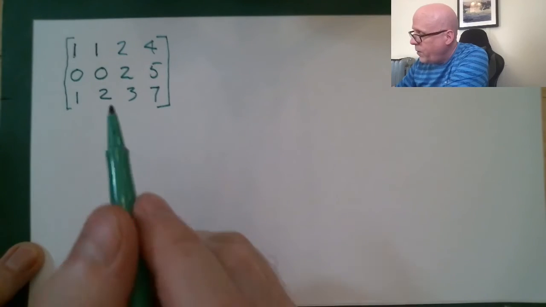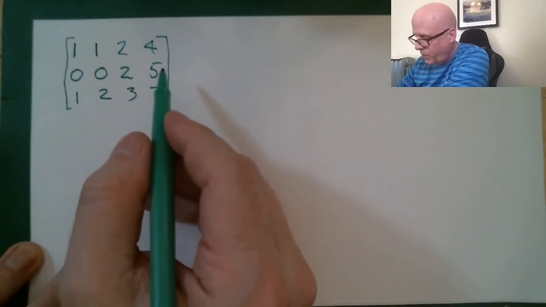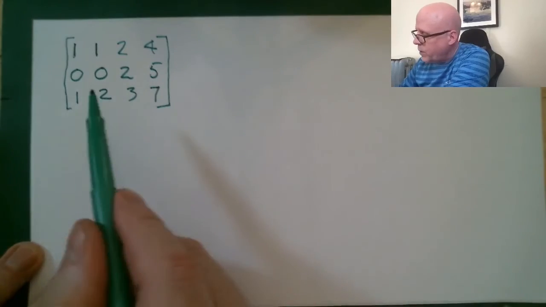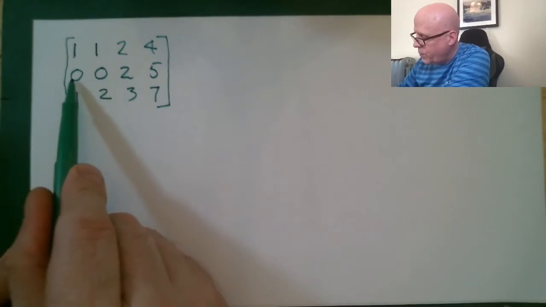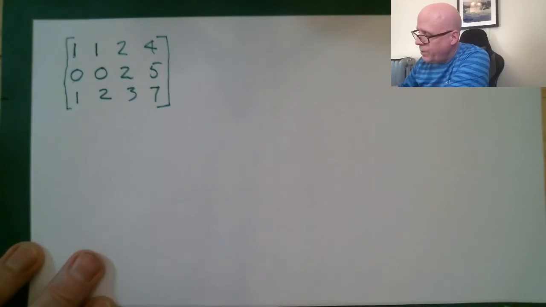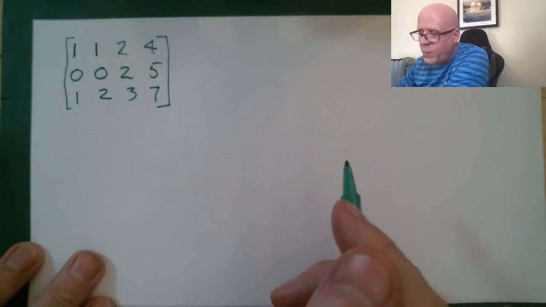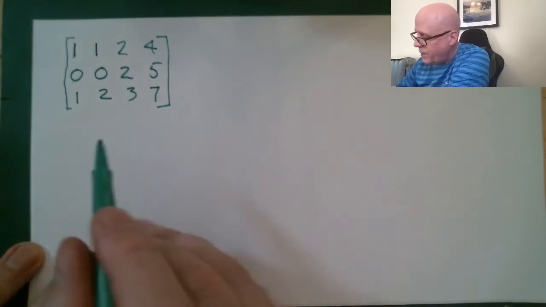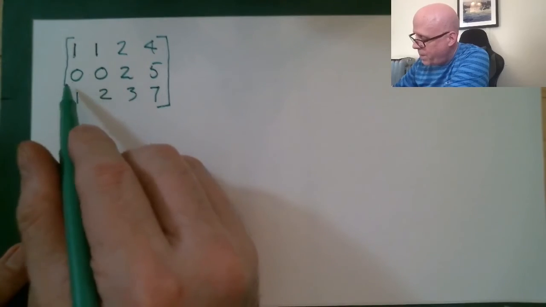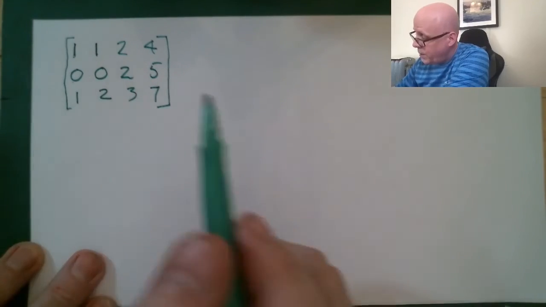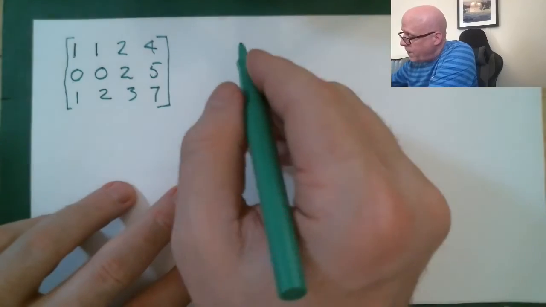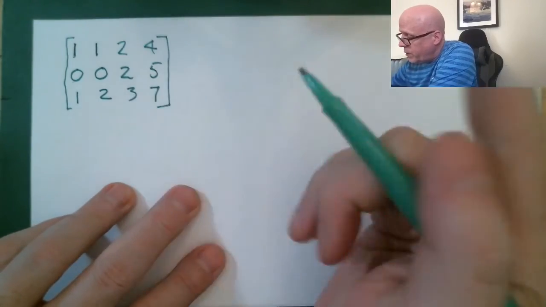Now, one thing in this particular matrix, I'm just looking at the structure of it. See how we've got a couple of zeros there? You can sort of jump the gun on the process and make this the bottom row. In other words, do a row swap. Now, what I want to do is interchange the second and third rows.